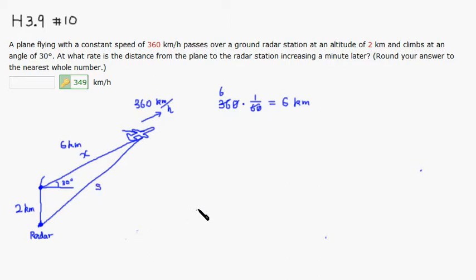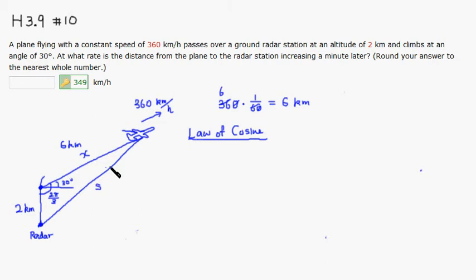Then I'm going to use the law of cosines to come up with the equation. This angle right here is 90 degrees plus 30 degrees, so it's 120, which is 2 pi over 3.